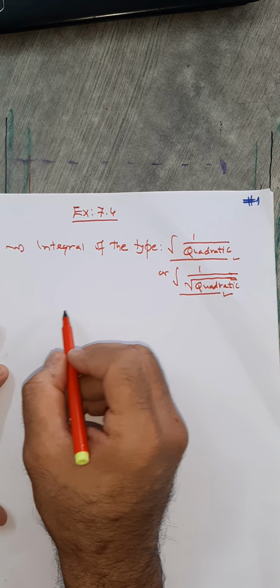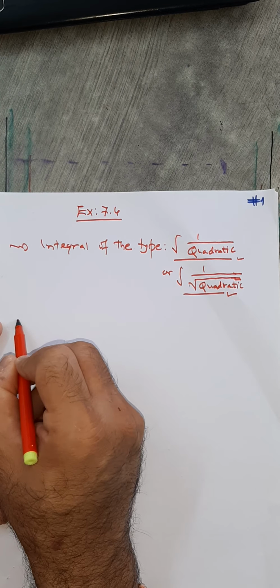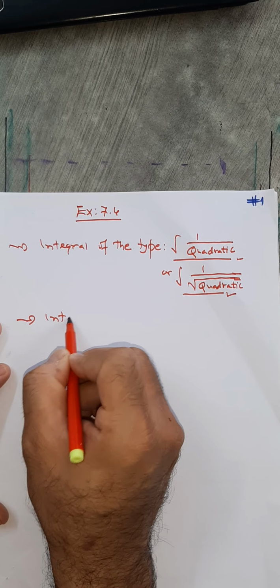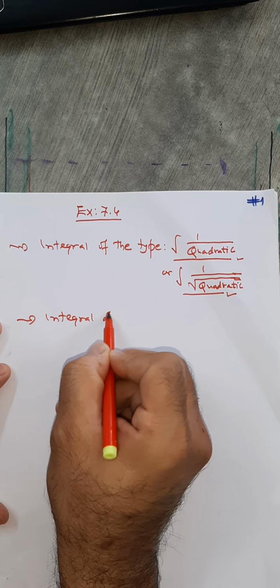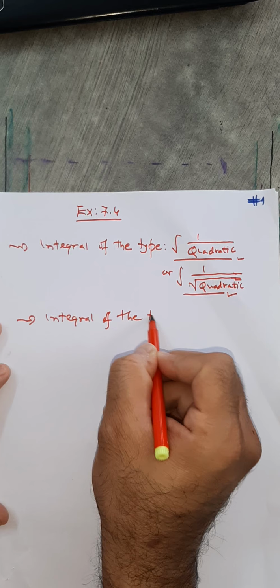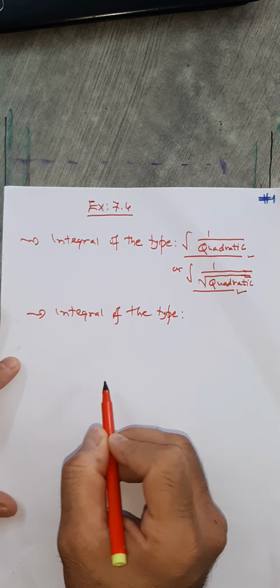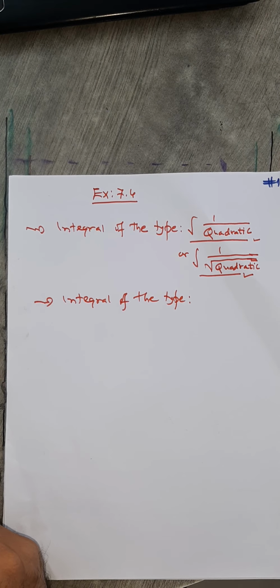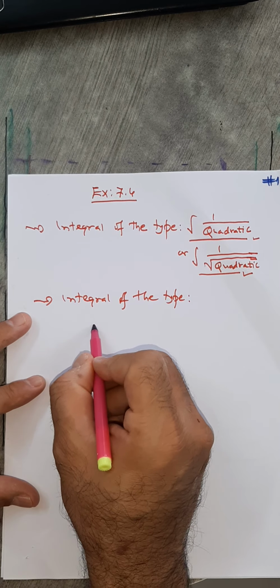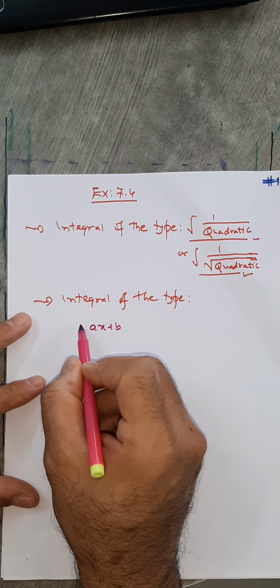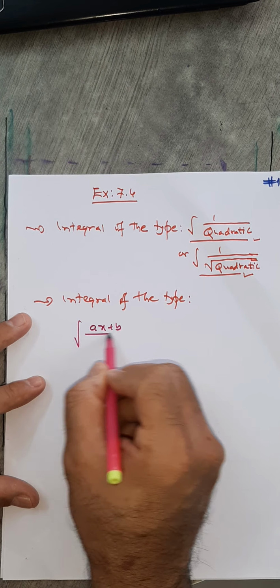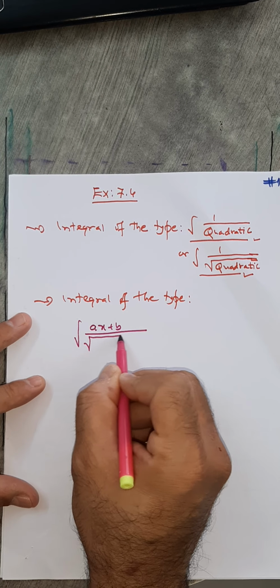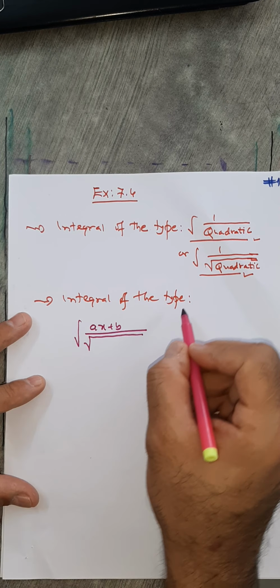Or we may have integral of the type linear upon quadratic. So in the numerator you have linear function like this, ax plus b, and here you have some quadratic expression with or without square root.